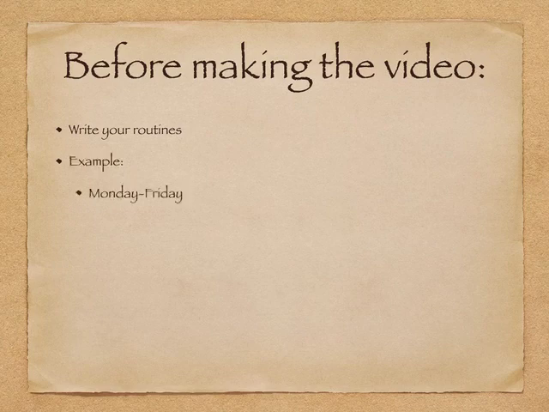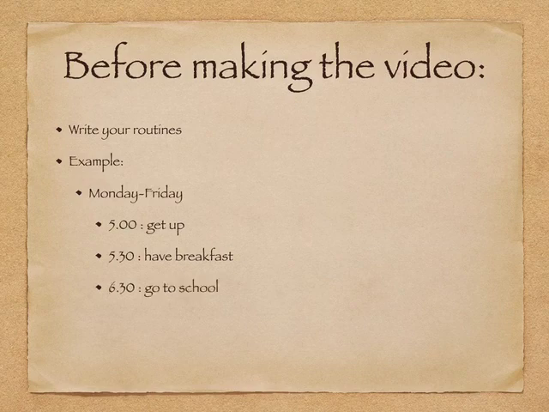For example, this is the day, Monday to Friday. At 5 o'clock in the morning you get up, and then at 5:30 you have breakfast, and at 6:30 you go to school, etc. Okay, so this is an example of what you can write for your activities or for your routines.